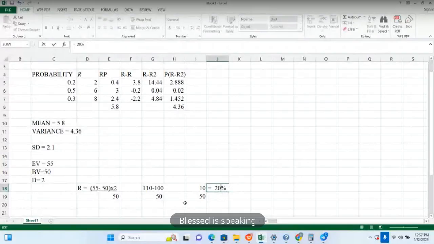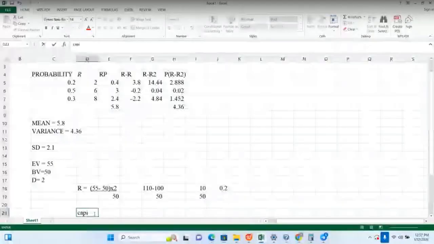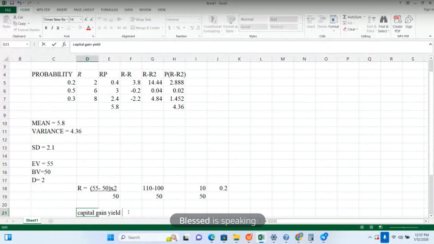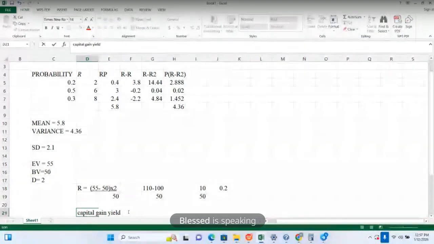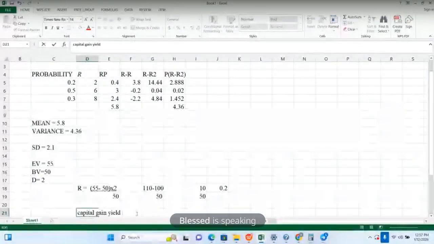It doesn't stop there. They ask us to calculate our capital gain yield. Our capital gain yield will be just our EV minus BV all over BV. So our EV is 55.